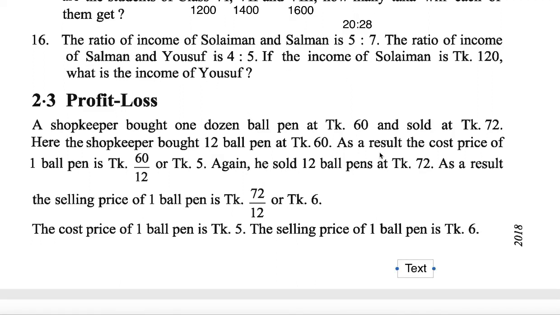Okay, multiply with 7 here. 28 is to what? 35. Right, now in the continued ratio, Solomon, Salman and Yusuf become 20 is to 28 is to 35.